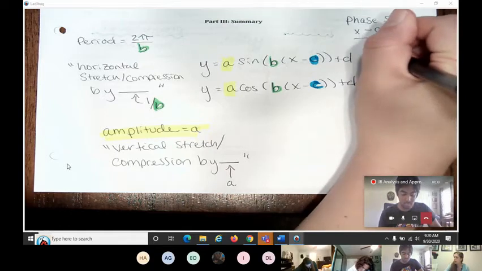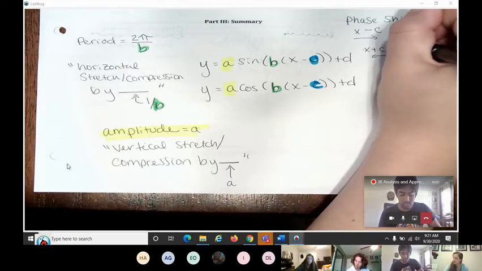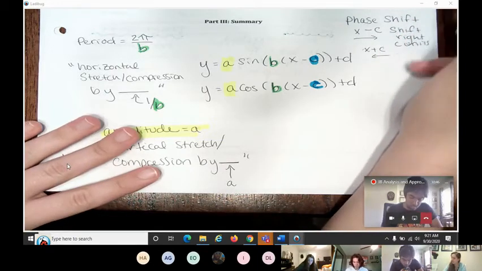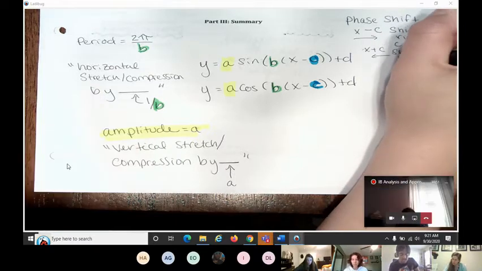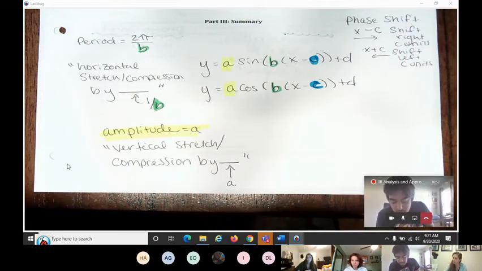And x plus c is going to shift left c units. All right, so this is our phase shift.